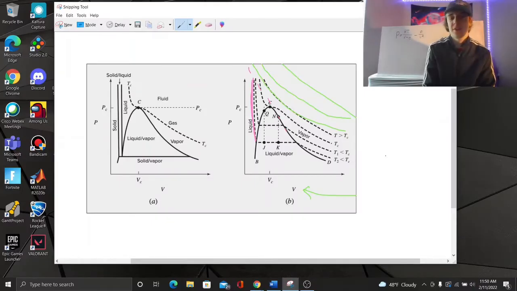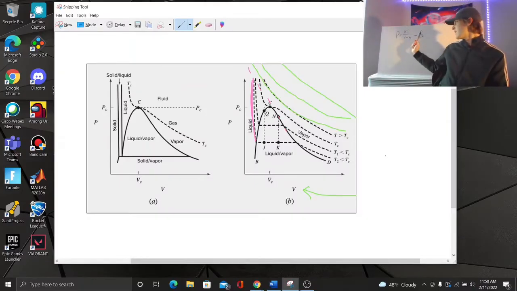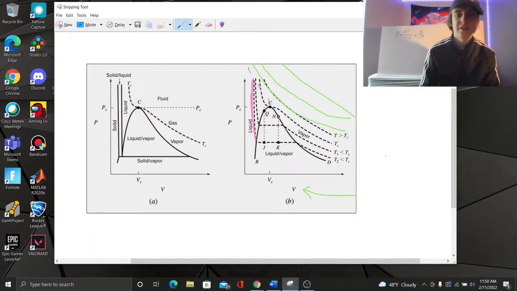So now, in order to calculate these a and b values, we can see from this graph that right here at the critical temperature, this line here, the derivative of this will equal 0, as you can see from this flat curve.